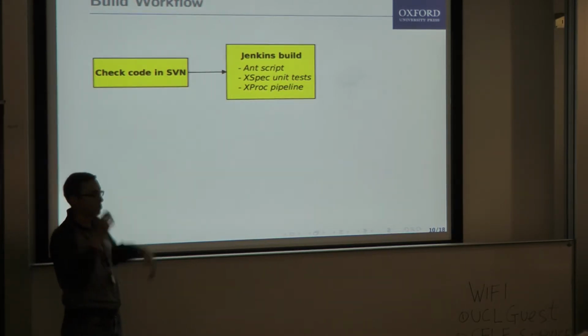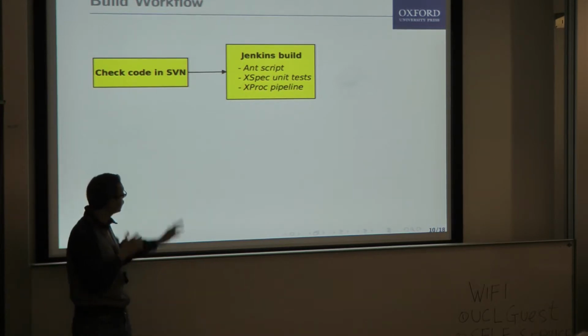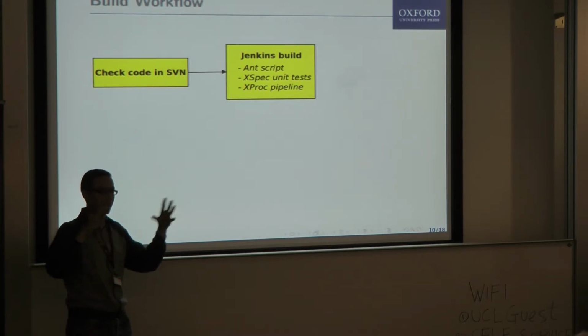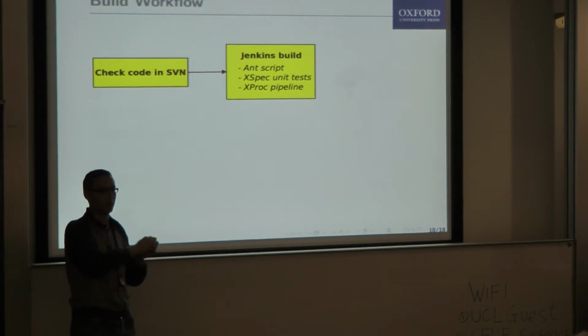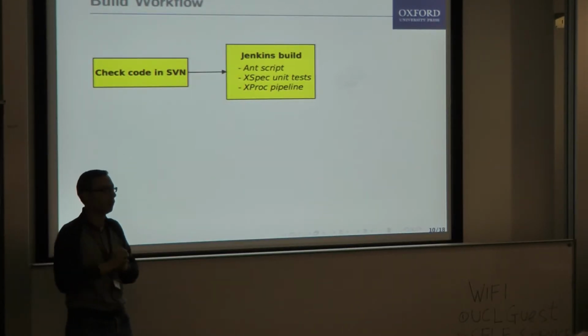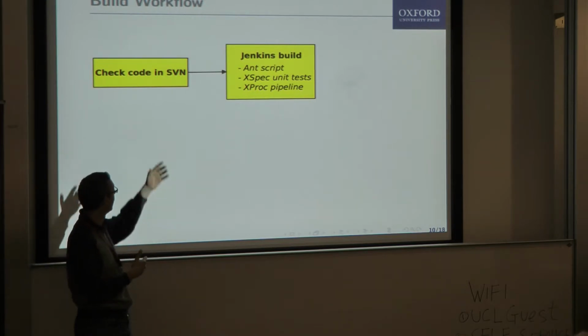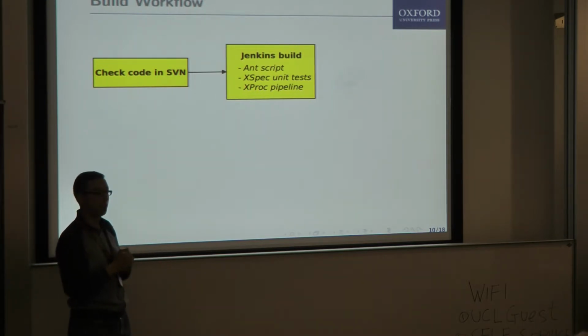It runs the XProc pipeline. The interesting part here is also that we started with a sort of monolithic XProc pipeline where we're basically saying do this for Spanish, do this for Chinese and so on. We then realized that we could do it in a more flexible way, basically just creating the XProc pipeline on the fly in the Jenkins build.